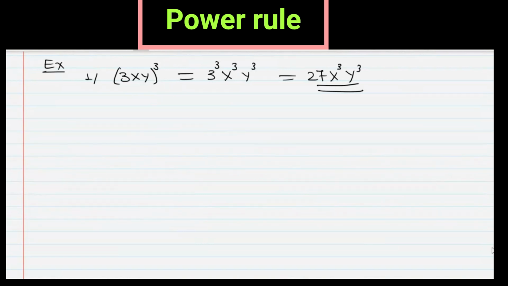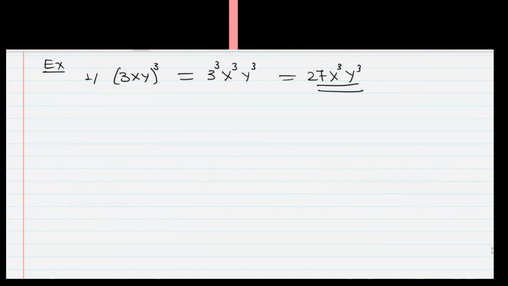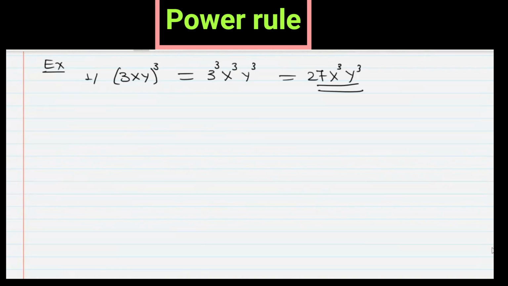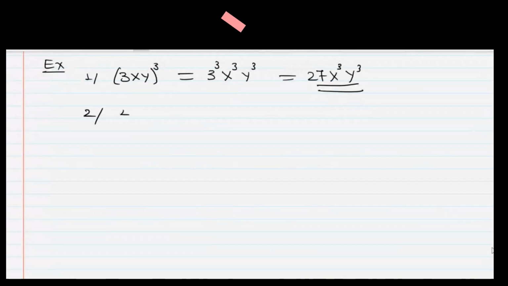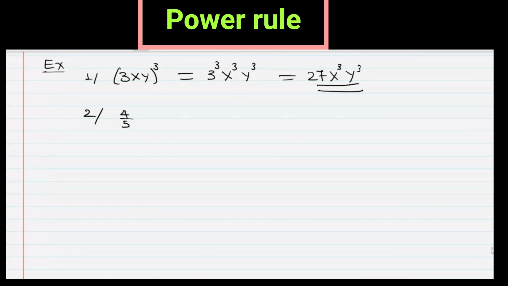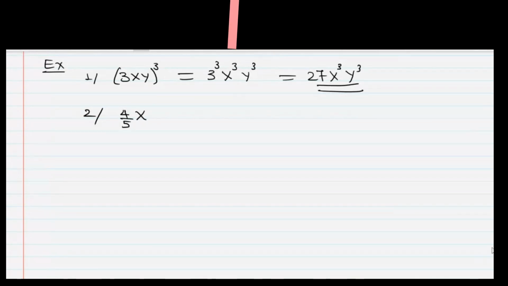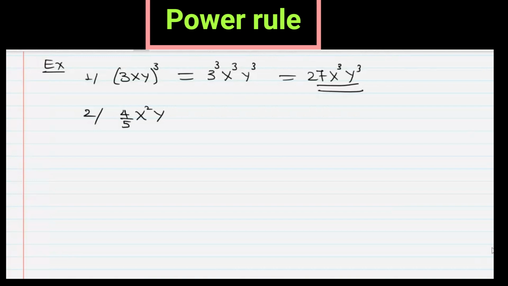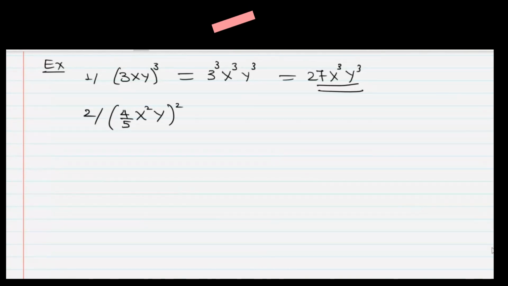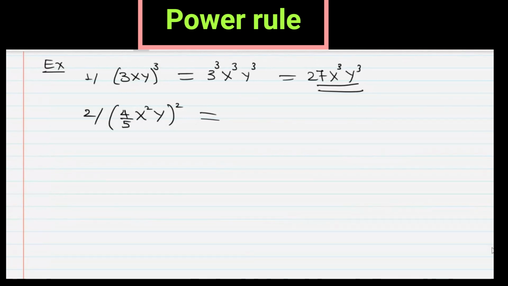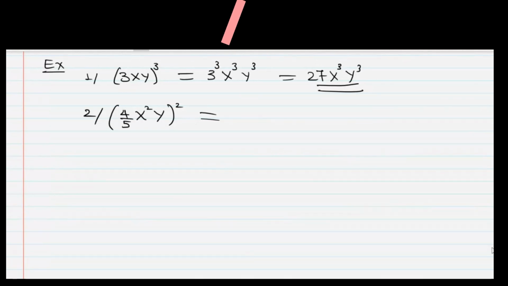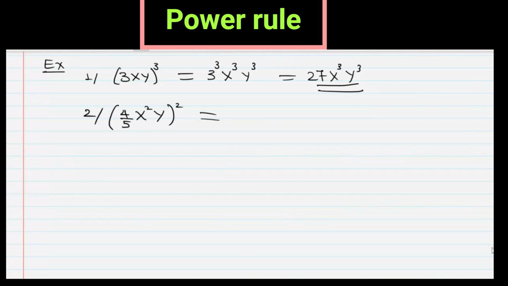You can have more examples. Let's say for example two: 4 over 5 x squared y, the whole thing squared. You don't have to worry, the square works for everybody inside the parentheses.